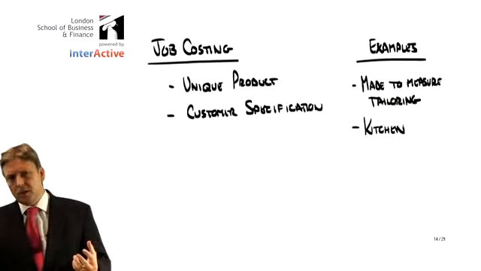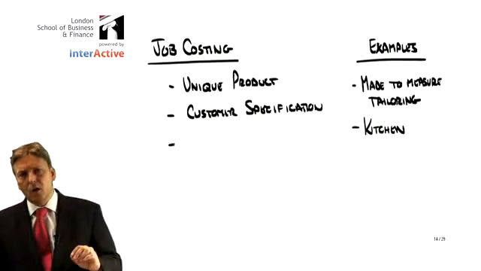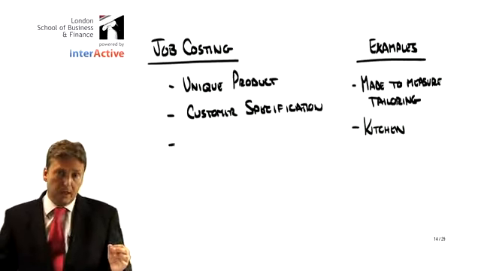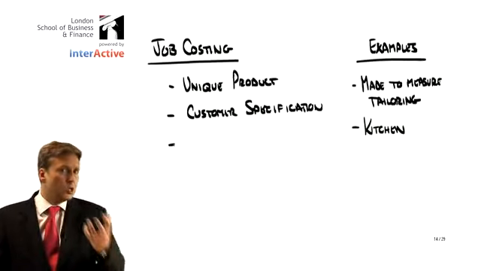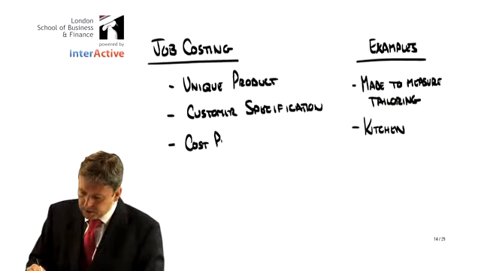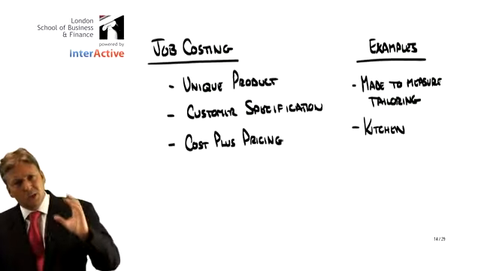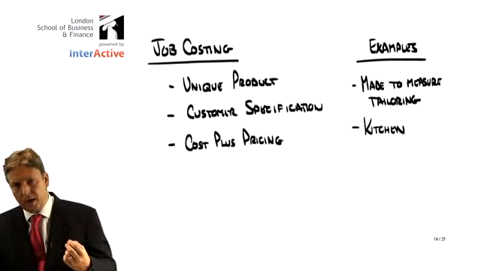Now, given that it's a unique product to a customer specification, there is no general price for it. Instead, the price will have to be determined from the cost. So it won't surprise you to know that we're looking at cost plus pricing. To a certain extent, we've already dealt with all of the issues with job costing already.